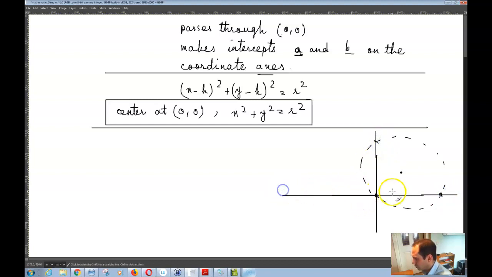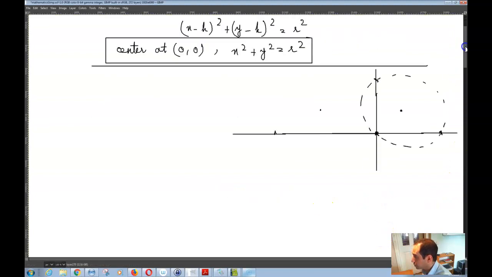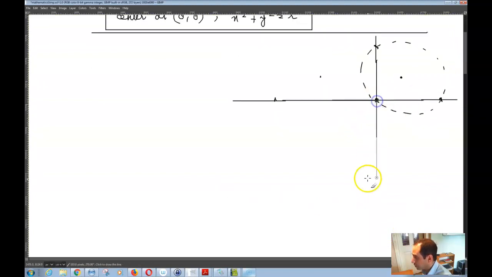Or if the center is over here, then it passes through the same point here and some point over here. Or if your center is somewhere over here, it goes through this point, some point over here, some point over here, and so on and so forth.